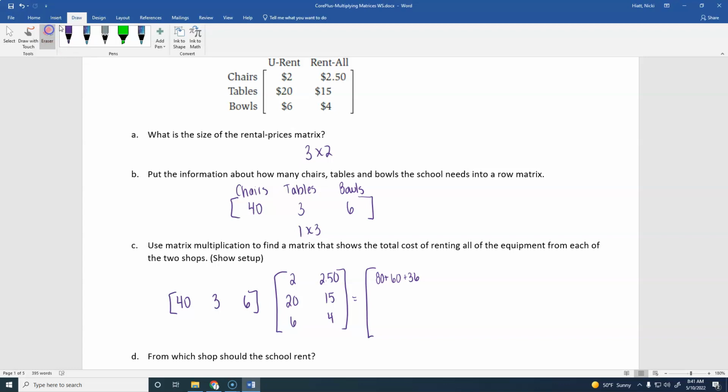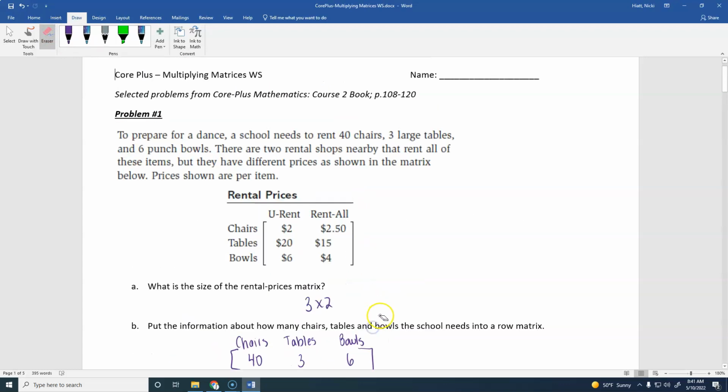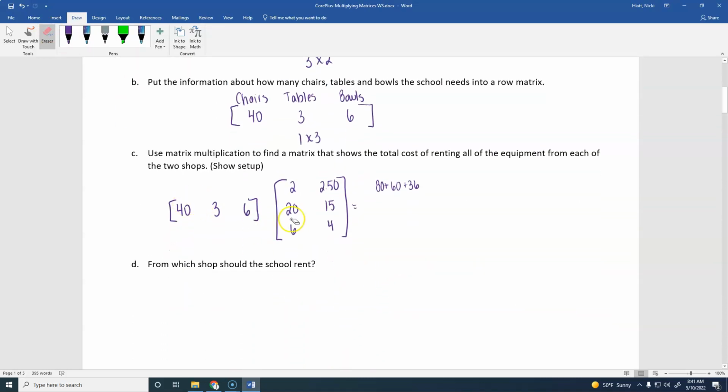I've made my answer matrix wrong. We're doing row times column, row times column. So if I've got a 1 by 3 multiplied by a 3 by 2, then I'm going to get a 1 by 2. So I should have made my matrix look more like that.